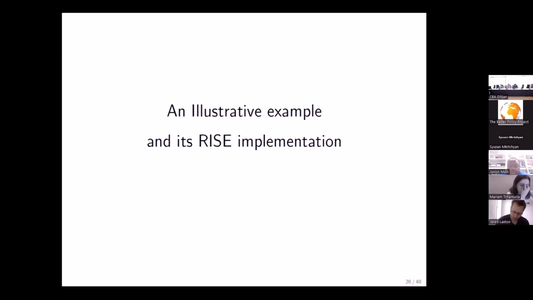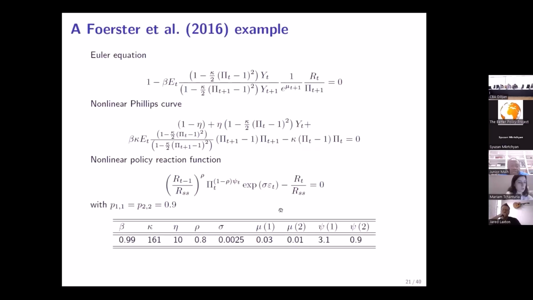Okay, so let's look at a very small example just to show you how simple RISE is to use. I use this three-equation system by Foerster, Rubio-Ramirez, Waggoner, and Zha. The first equation is an Euler equation. The second equation is a nonlinear Phillips curve. The third equation is a monetary policy reaction function.